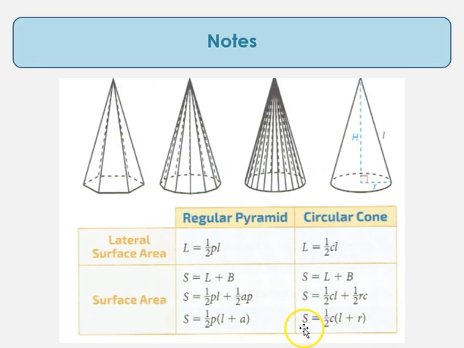And the formula for surface area of a circular cone will be 1/2 C times L plus R. In the formula for the lateral surface area of a pyramid, the P for perimeter is replaced with C. In the formula for surface area, the AP is replaced with RC. Okay? So you might want to write this in your notes, and we'll be using them quite a bit.